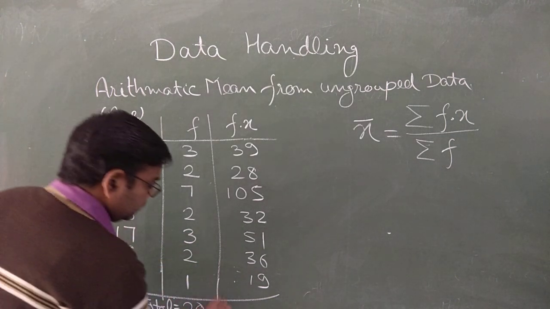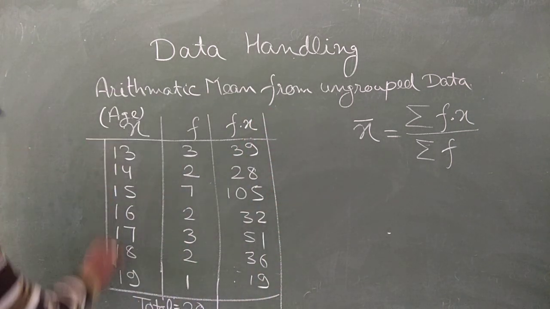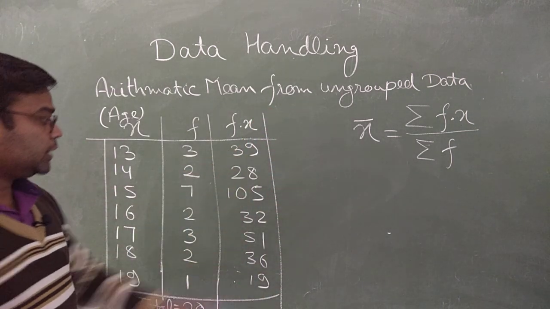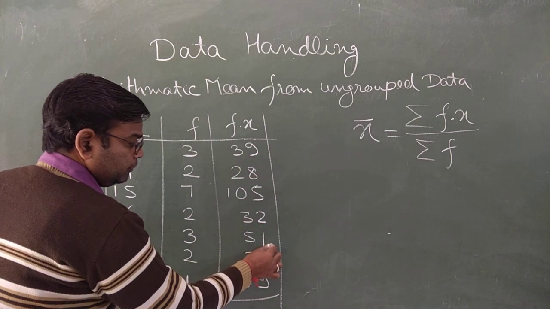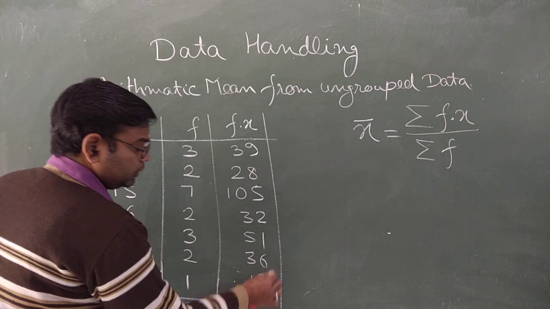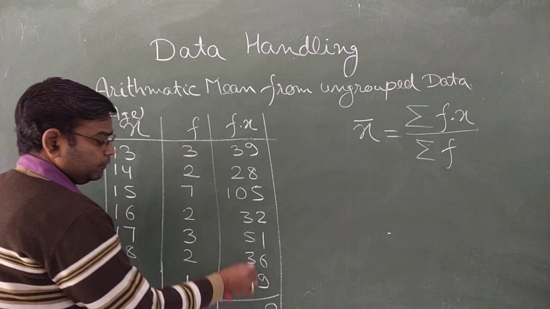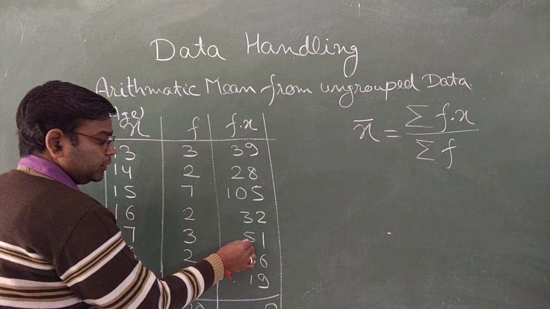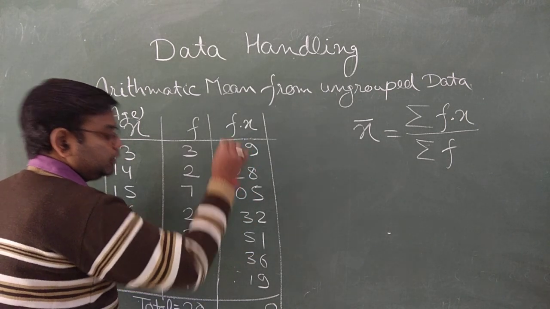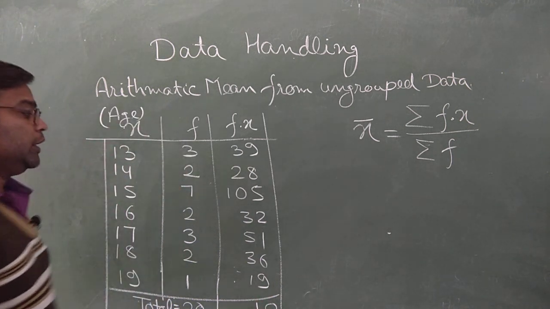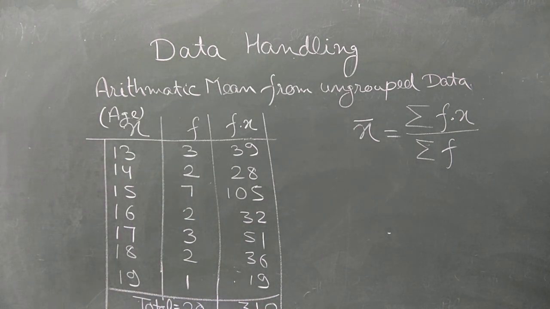The sum of f is 3, 5, 12, 14, 17, 20. The sum of fx is 310. Clear?